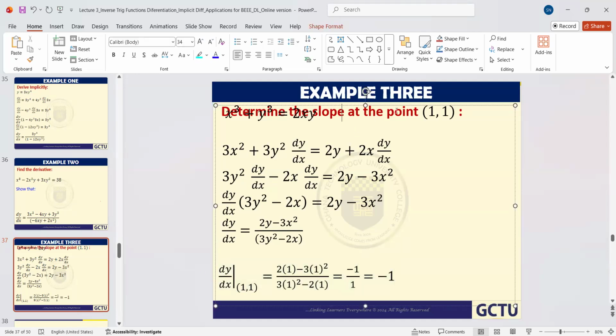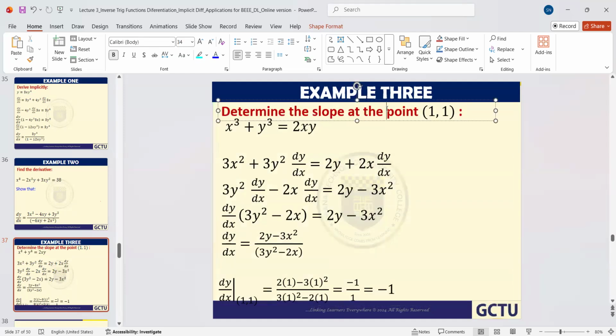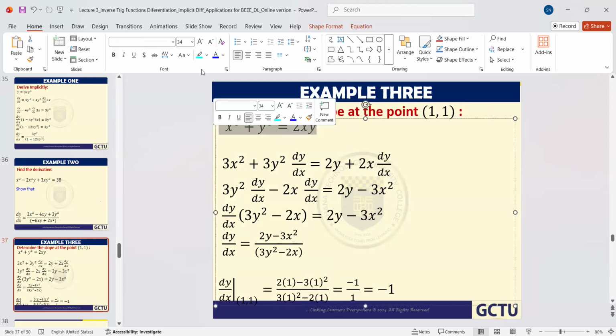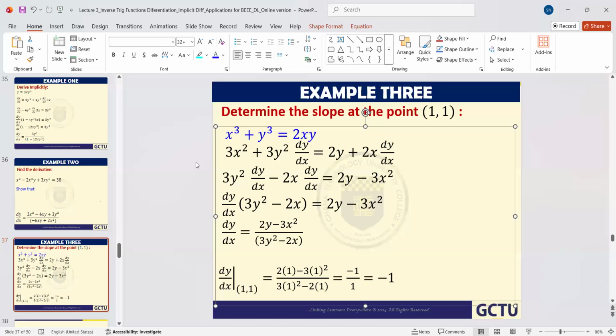So that will be the solution to the question we have at the top here. We were given this, and then we were asked to determine the slope of that, and we have done that, and it's giving me that.